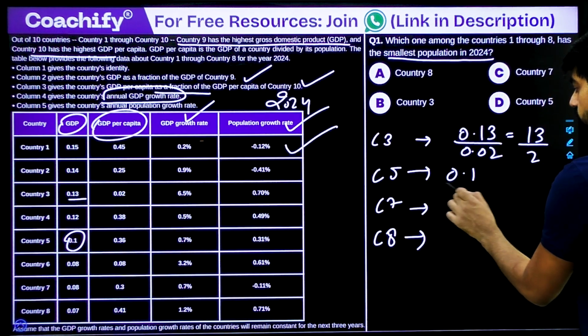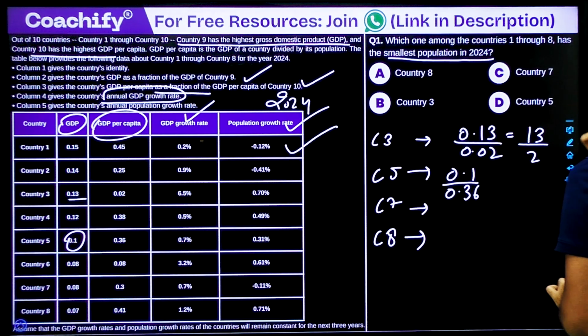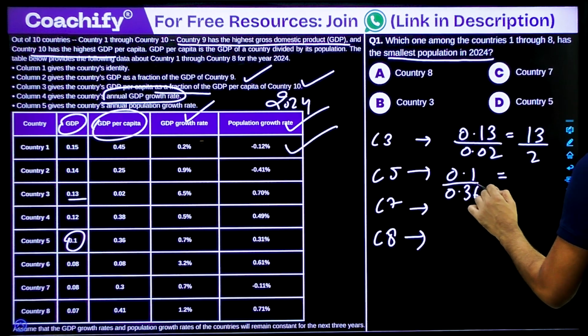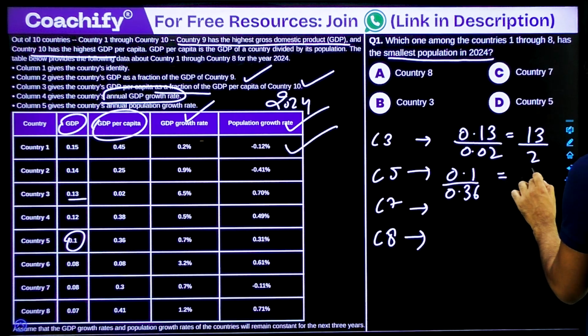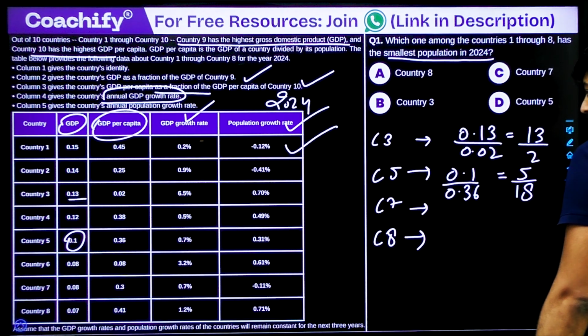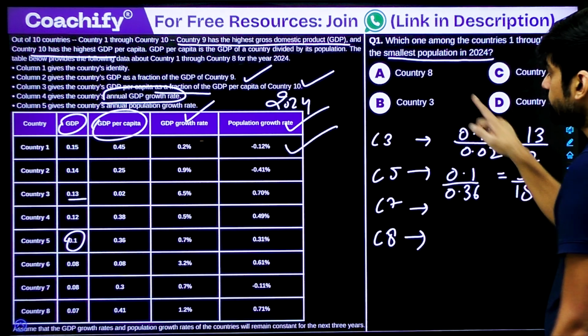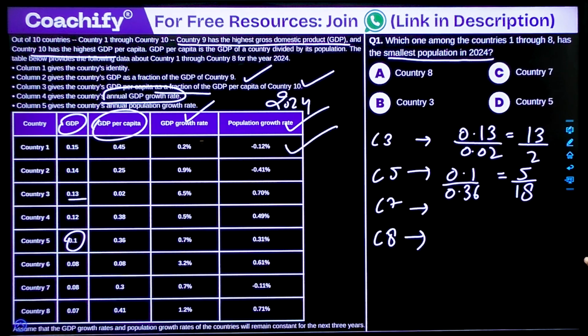This is 0.1 upon 0.36. So this becomes 10 upon 36. That means 5 by 18. So we have to find out lowest population, smallest population, right? So this value is more than 1, so this is eliminated. This is less than 1. So when we compare these two, this is definitely larger, eliminated.